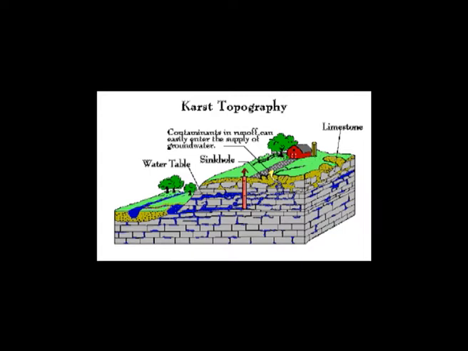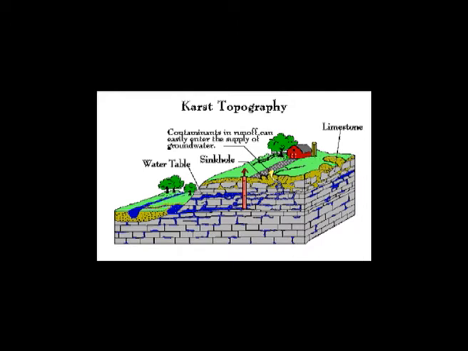So, the limestone rock is weathered due to the solvent action of groundwater, and this groundwater is stored within this particular rock. By the continuous action of groundwater along with the rock, the rock is subjected to weathering, and the ultimate product is karst topography.